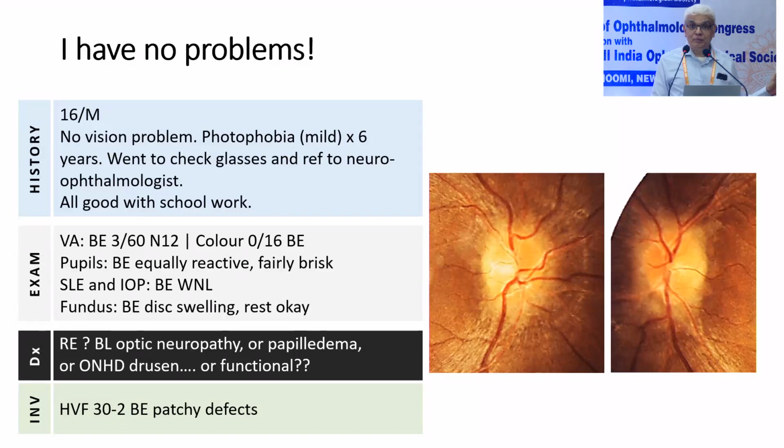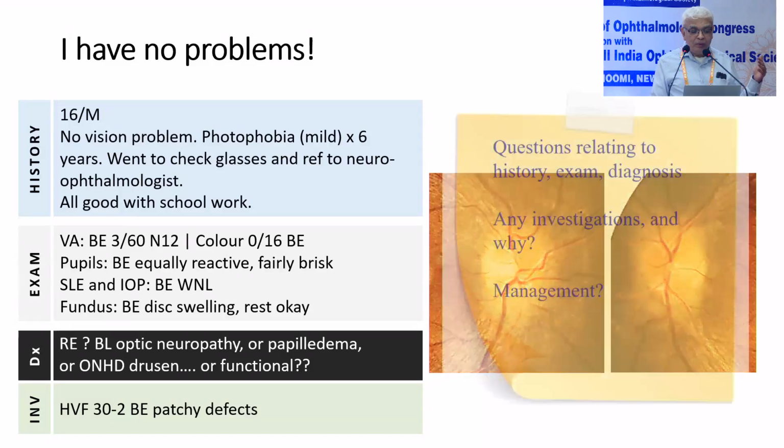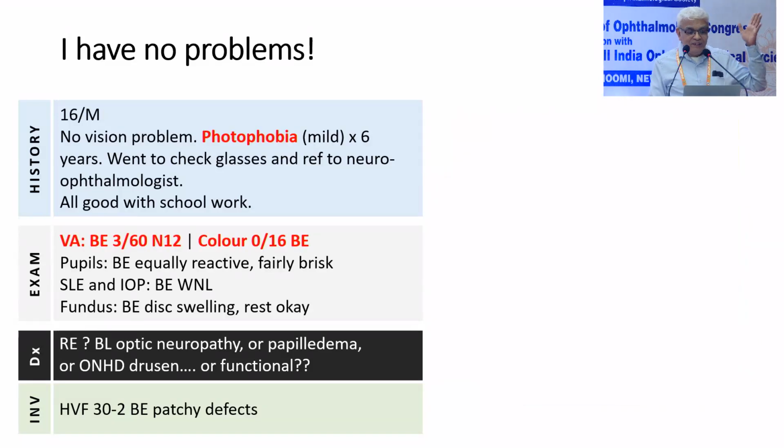Color vision is 0. Okay, so now these are the discs. Now it looks like papilledema. Now the question is, if it is papilledema, are you dealing with IIH? Where is the aura? The vision doesn't fit that. More importantly, photophobia. Distance vision is very impaired, but the near vision seems to be reasonably okay.